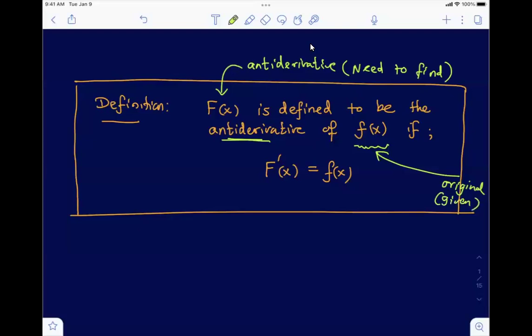The connection between the given original function f of x and the function that we are finding is this: when the derivative of our uppercase F of x is computed, F prime, that should coincide with the original function. So there is always a simple computational way to verify your answers in this section.